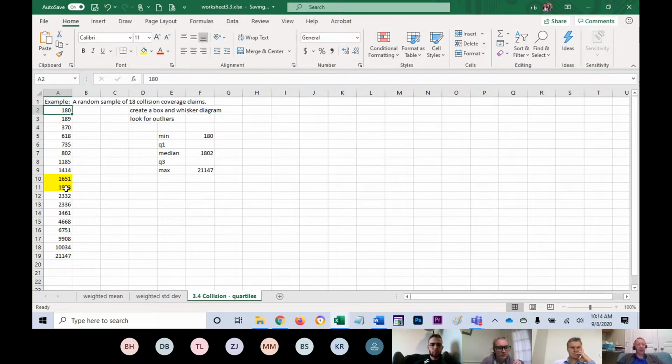We want to make this an odd number. So 1, 2, 3, 4, 5, 6, 7, 8, 9. Okay. And then we take the 5th number, right? So 9 plus 1 is 10. 10 divided by 2 is 5. So 1, 2, 3, 4, 5. So 735 is your quartile 1.